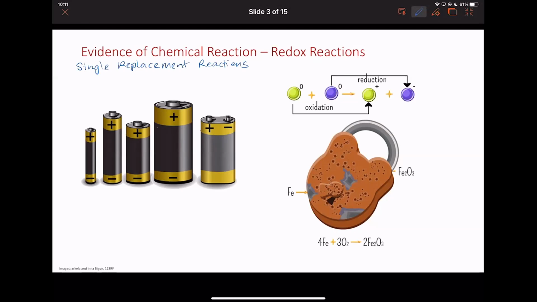Now, overall, these single replacement reactions are also redox reactions. And in redox reactions, something is oxidized. So I'll say one substance is oxidized. And meanwhile, another different substance is reduced.